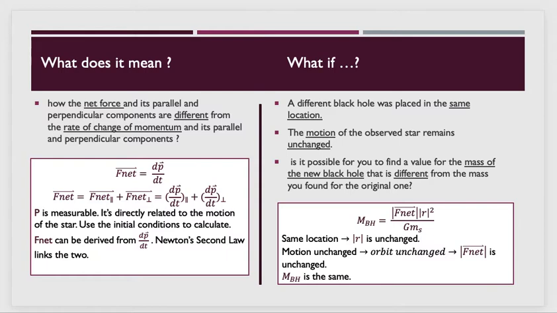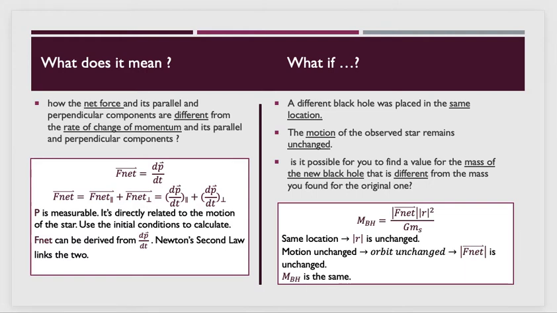It is directly related to the motion of the star. We can use the initial condition to calculate p, like the position data and delta t, but F net is different. It can only be calculated by using Newton's second law, which relates the motion of the star to F net.